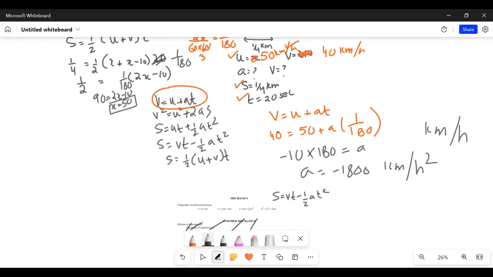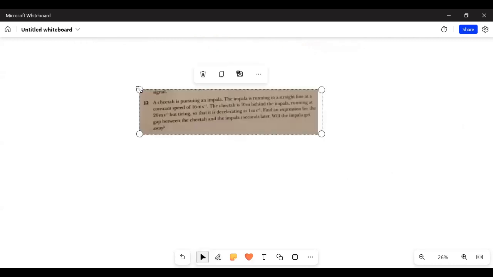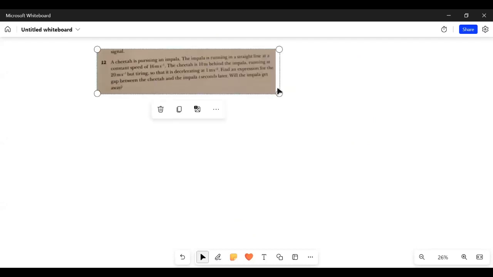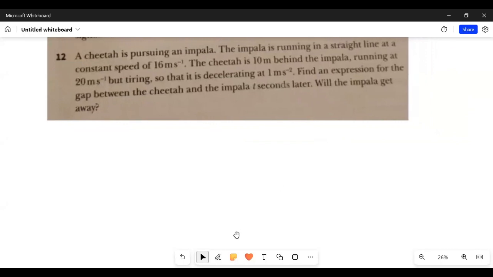Okay, next question would be the cheetah and impala question. A cheetah is pursuing an impala.